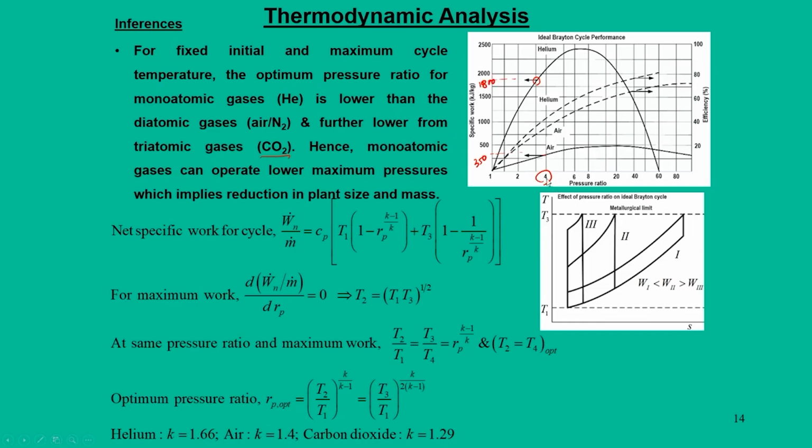If you want to produce the same with air, we have to go for a higher pressure ratio. So for reduction of the plant size, we need to rely on monoatomic gas for a given pressure ratio, because monoatomic gas has the advantage of higher specific heat and also higher values of k. So this is the background summary for the thermodynamic analysis.